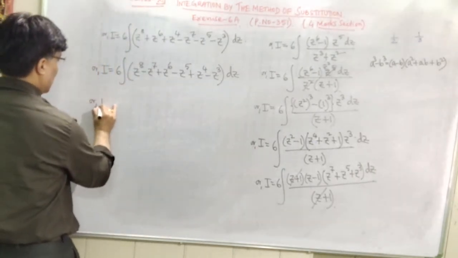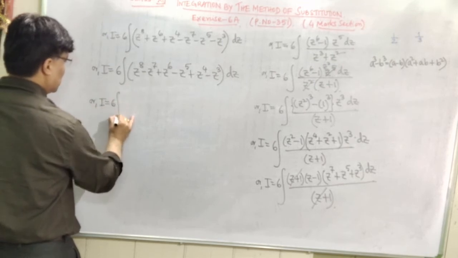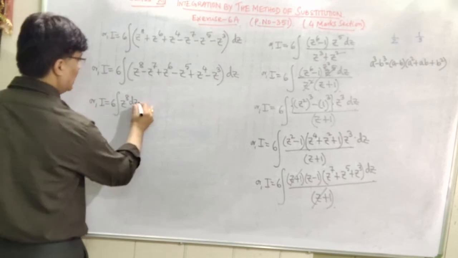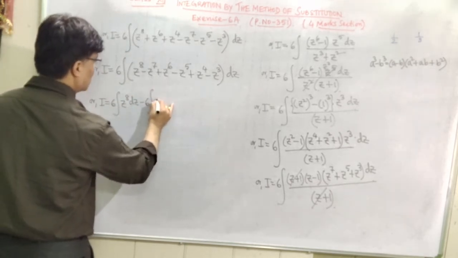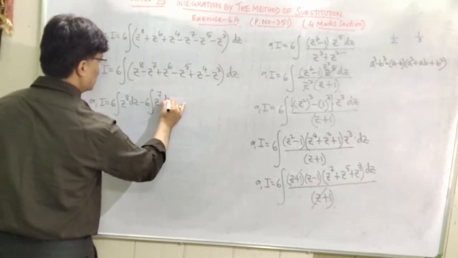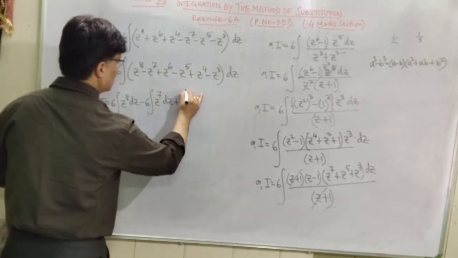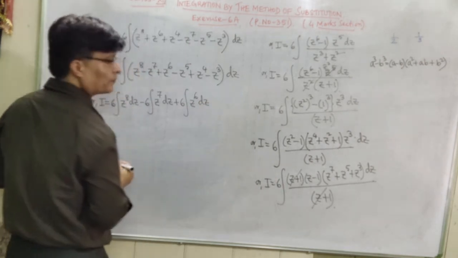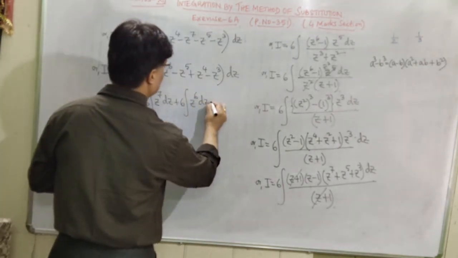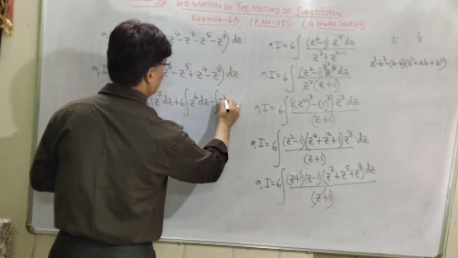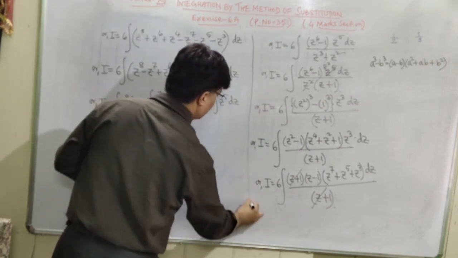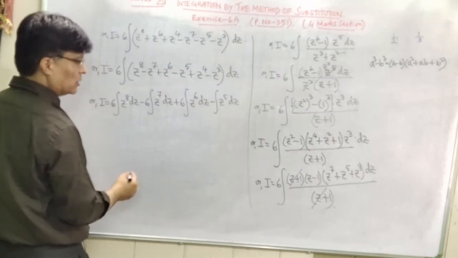So I is equal to 6 integration of z to the power 8 dz, okay, minus 6 integration of z to the power 7 dz, plus 6 integration of z to the power 6 dz, right? Then minus integration of z to the power 5 dz. So let us write it in the next step, because there is no space out here.